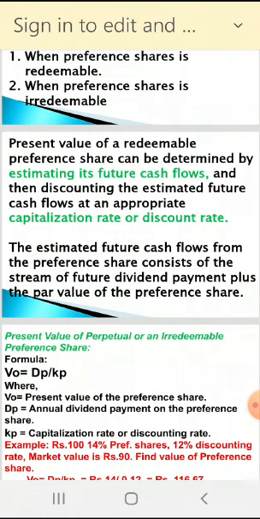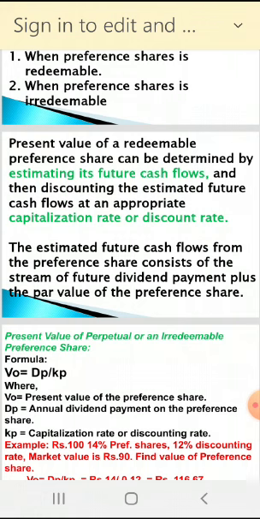So capitalization rate means the same discount rate we applied to bonds and debentures. Only we have to make some change: instead of interest we now use the word preference dividend.